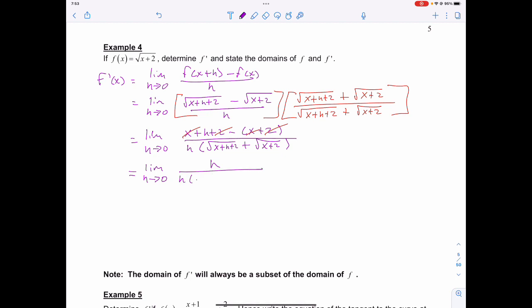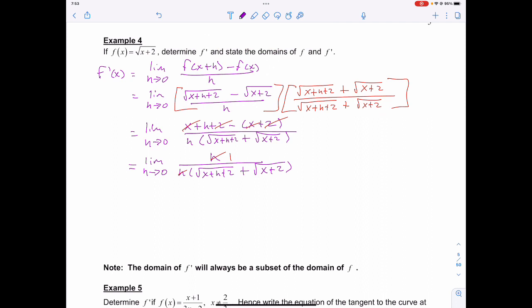Denominator is still h times the square root of x plus h plus 2 plus the square root of x plus 2, and those h's are going to cancel out to leave me with just a 1 in the numerator, which means I have 1 over the square root of x plus 0 plus 2 plus the square root of x plus 2, which is the same as 1 over 2 times the square root of x plus 2.